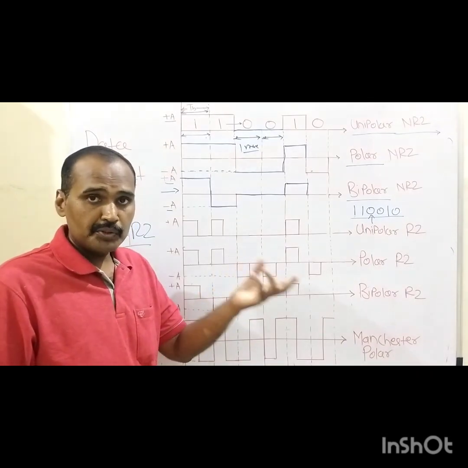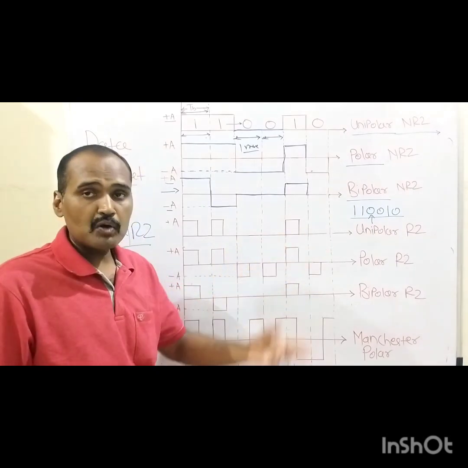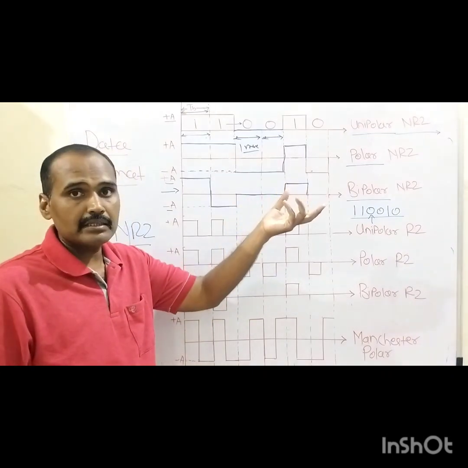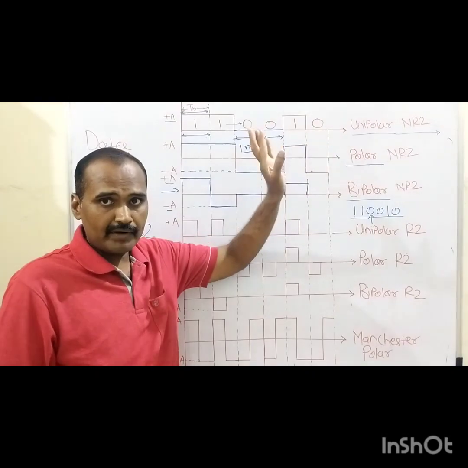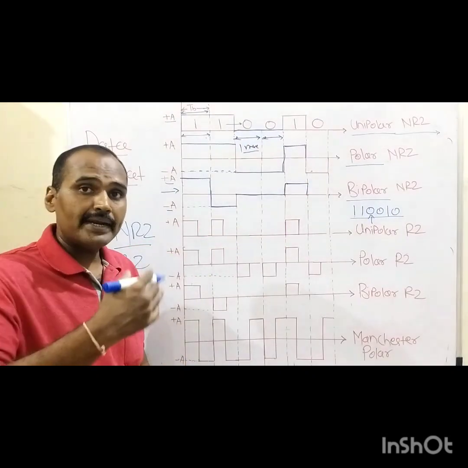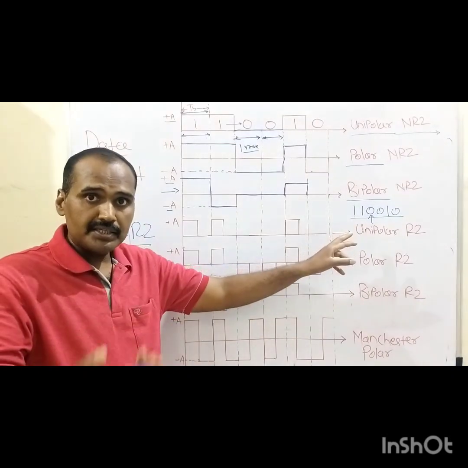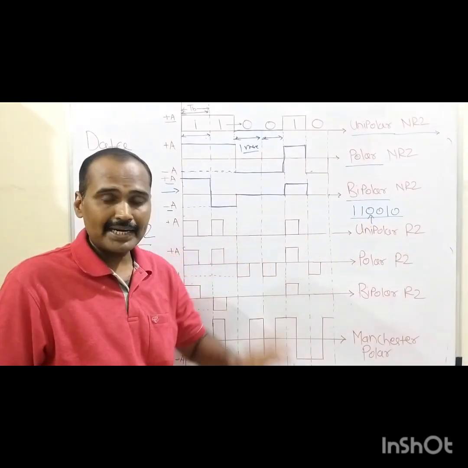We discussed the unipolar NRZ, then polar NRZ, then bipolar NRZ. The unique identity of unipolar NRZ is that only a positive voltage is assigned to binary 1. In the polar NRZ type of sequence, positive and negative voltages are adopted to represent binary 1 as well as binary 0.